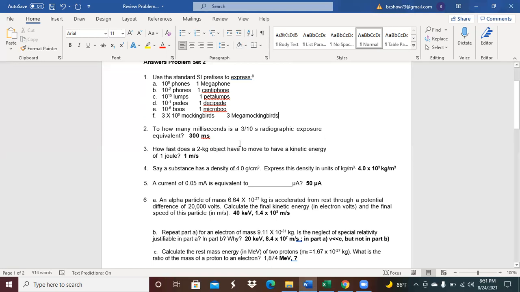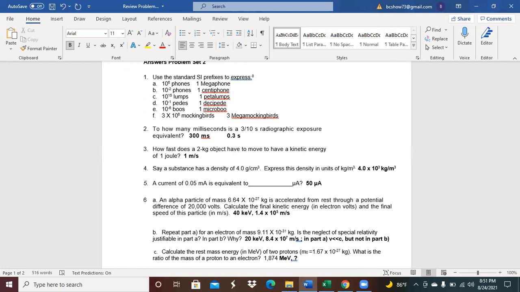How do we come up with that? Well, 3/10 of a second is going to be what? 3 divided by 10 ends up being 0.3. So the 3 divided by 10, we changed to 0.3. And that's how many seconds that we have.